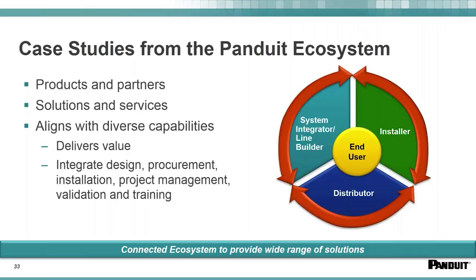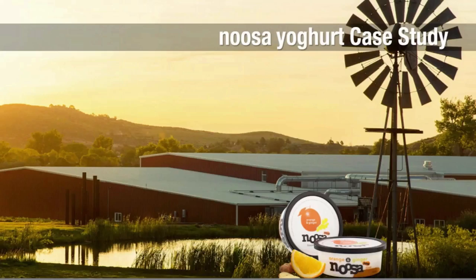By aligning these three elements, and using the Panduit One Partner Program, we deliver value and actually design and install the complete solution. Oftentimes, we'll be notified about a new project through our distribution partner, and it's very important that we utilize them throughout the whole project.